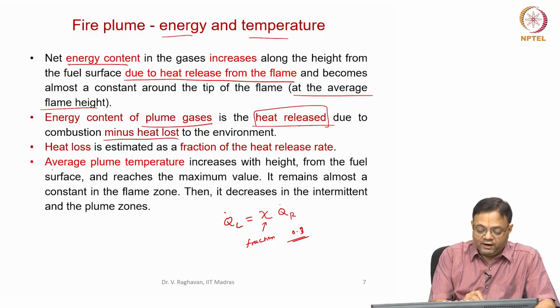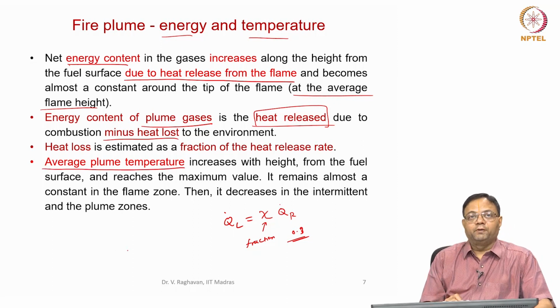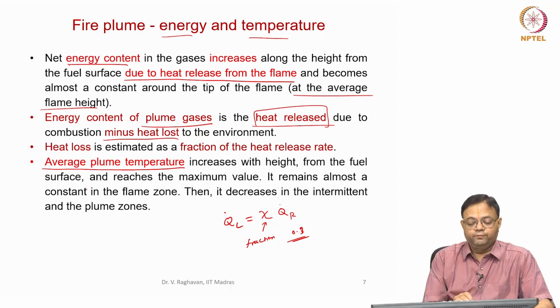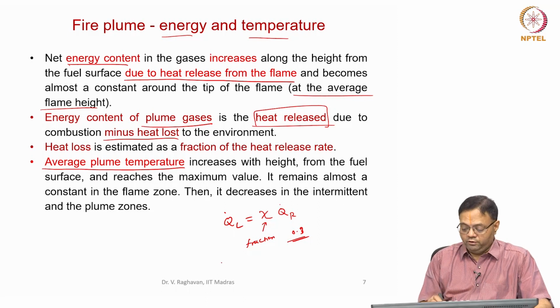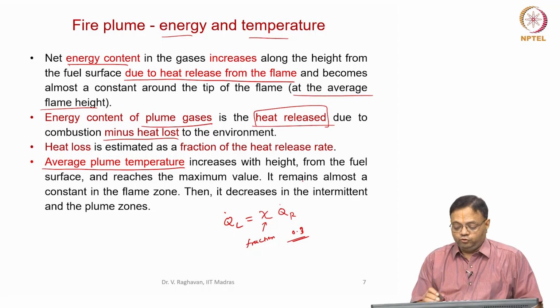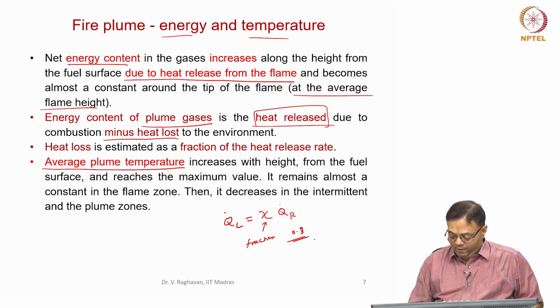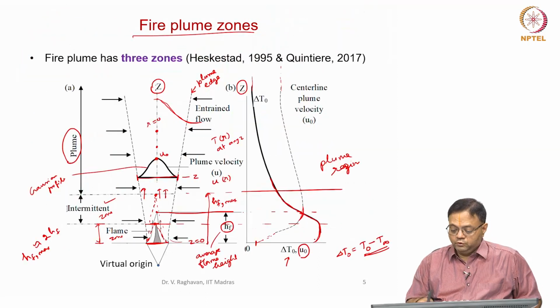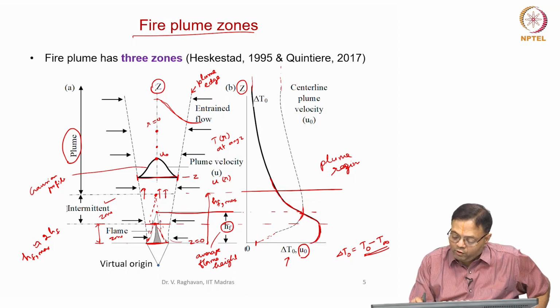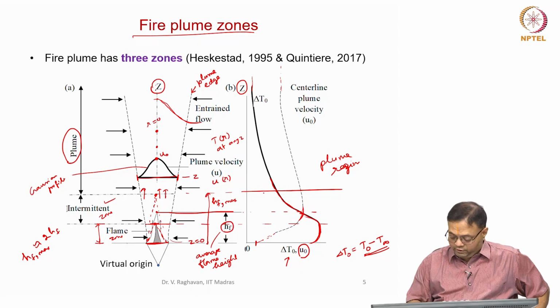Now, average plume temperature increases with height from the fuel surface. We have already seen that, and it reaches a maximum value. It remains constant in the flame zone. So if you go back, it sharply increases, as I told you, goes to a maximum value and remains almost the same in the flame zone, and now starts to decrease.